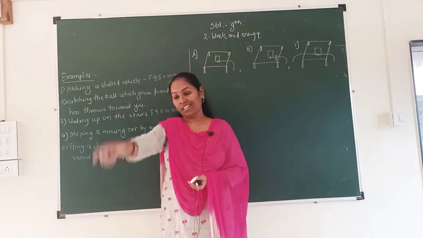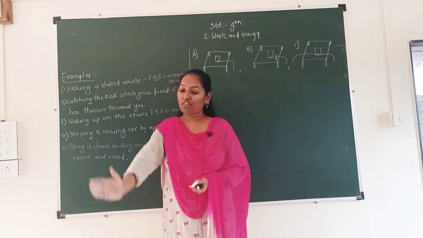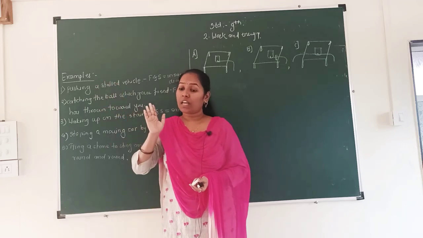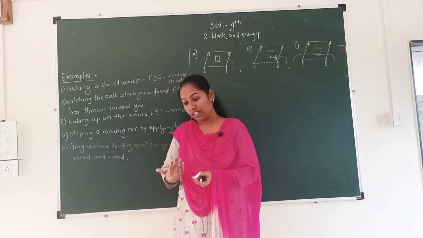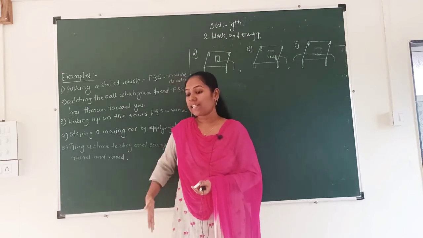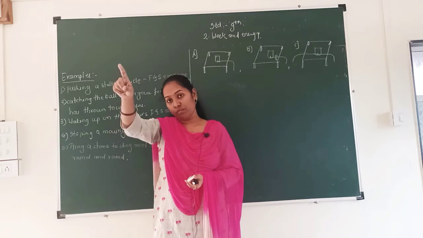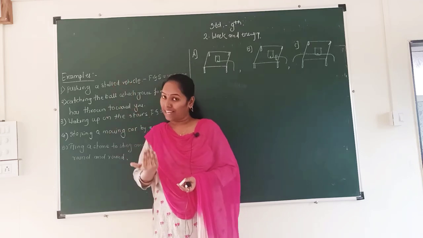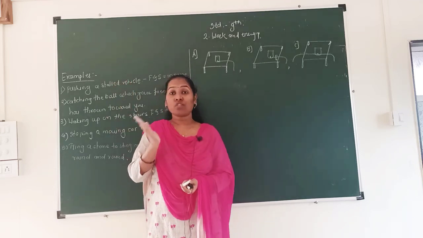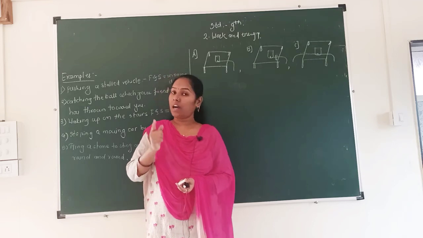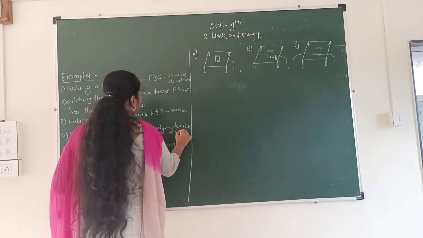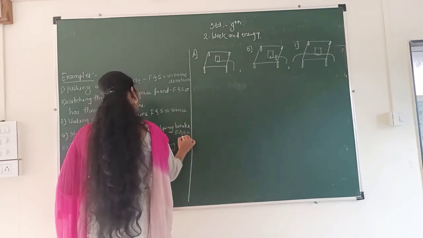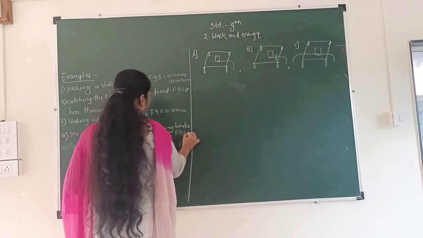The car is moving in this direction, the displacement of the car is in this direction, and when you apply the brake, the force acts in the backward direction. So displacement is forward, force is backward, which means the direction of force and displacement are opposite.